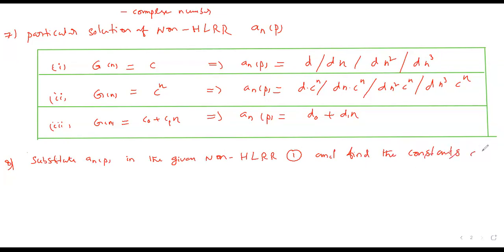Constant d's. What are the d's in the an of p? You can see an of p contains the term constant d. Am I right? Are you seeing the constant d in the an of p? Yes or no? Hello?